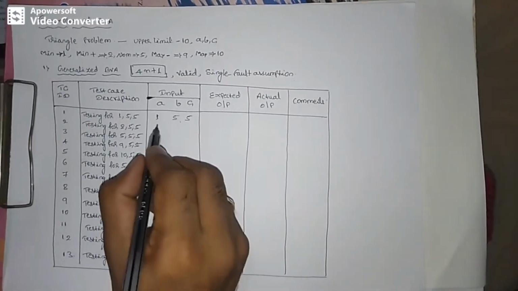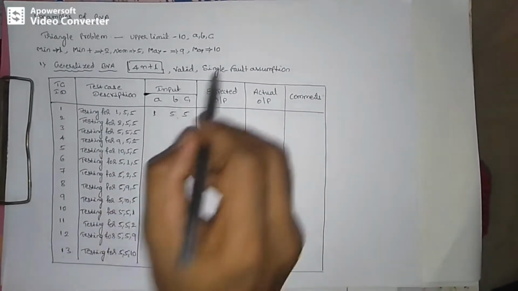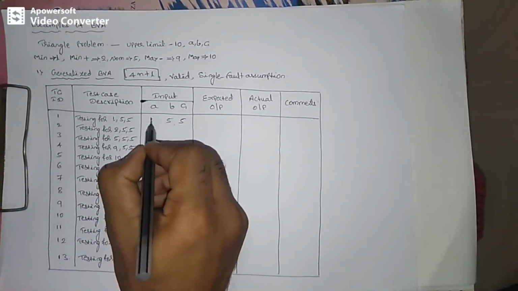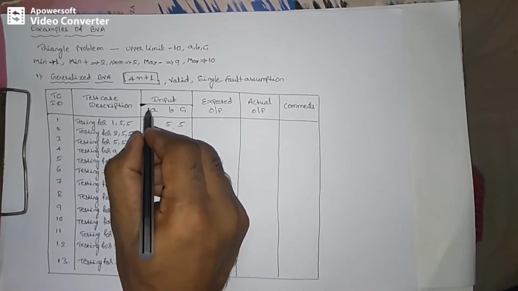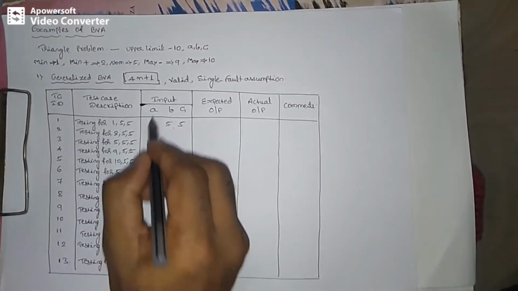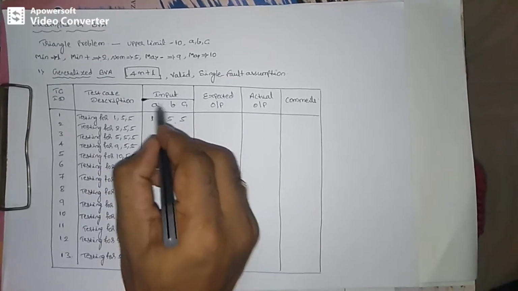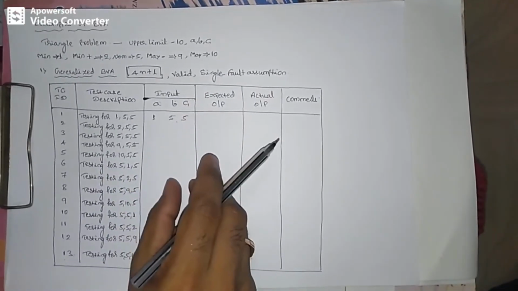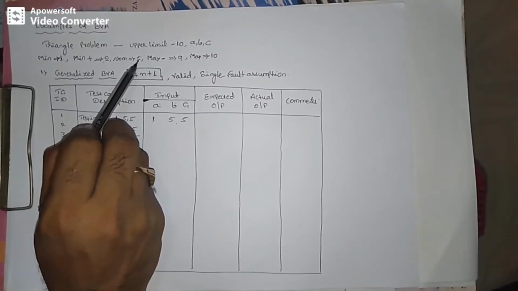Now we will talk about how to specify the inputs. I told you that based on the single fault assumption we need to specify the inputs. Single fault assumption means first I will keep changing the A input variable value, and the B and C input variable values I will keep as nominal. The nominal is nothing but 5.